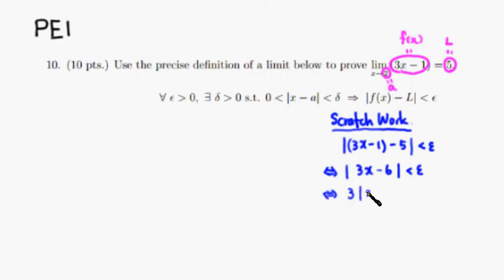Then you have 3 times absolute value of x minus 2 is less than epsilon. Since this is x minus a, in this case x minus 2, we can divide through by 3. You can see that absolute value of x minus 2 is less than epsilon over 3.